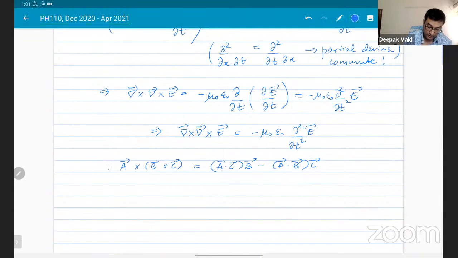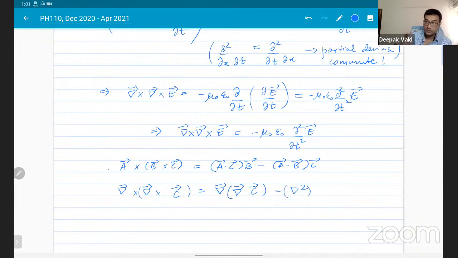So we have this quantity. And now instead of A, I put curl of C. Then what happens? I can write this as gradient of the divergence of C minus A dot B, which will become del square.